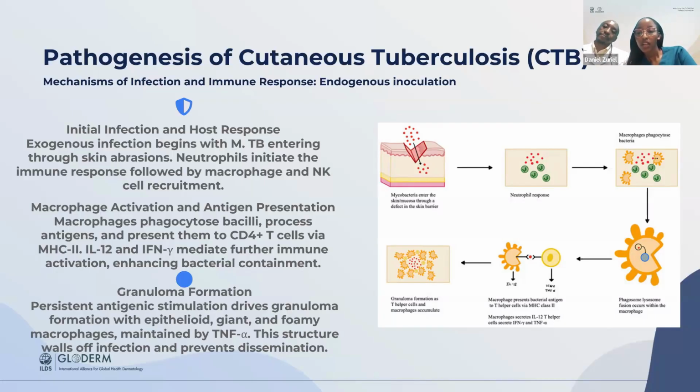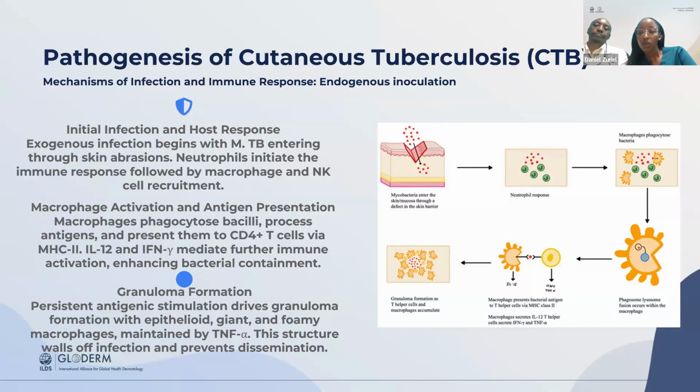When macrophages are recruited, they engulf the bacteria. Once they engulf the bacteria, they form a phagosome. But tuberculosis has a way of evading the immune system because it prevents the fusion of the phagosome and the lysosome. And so by doing that, it is able to continue duplicating inside the macrophage.